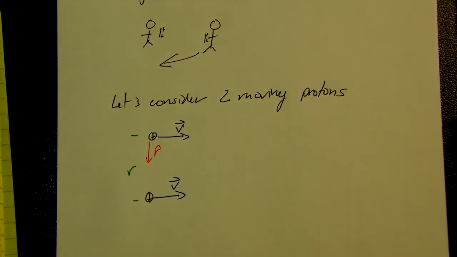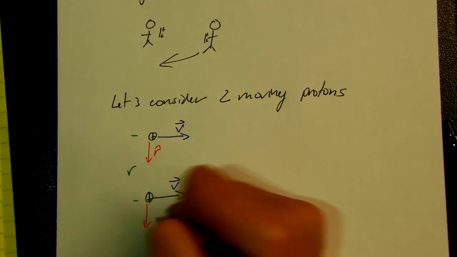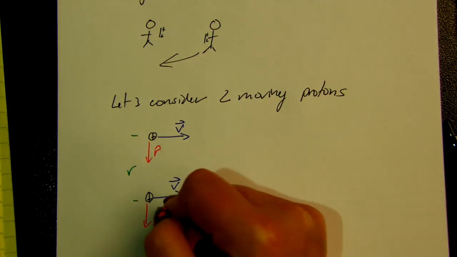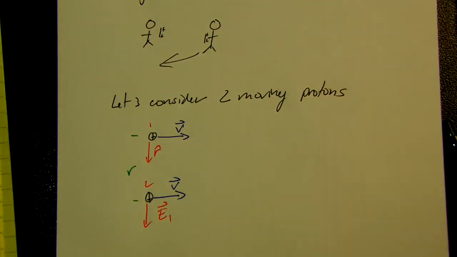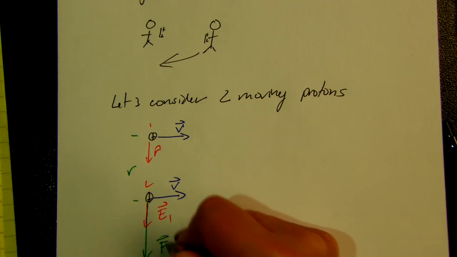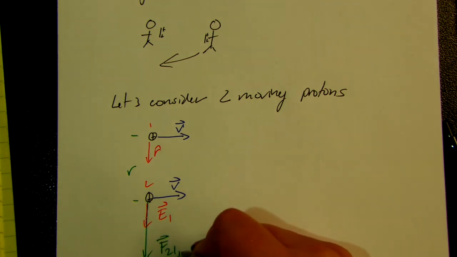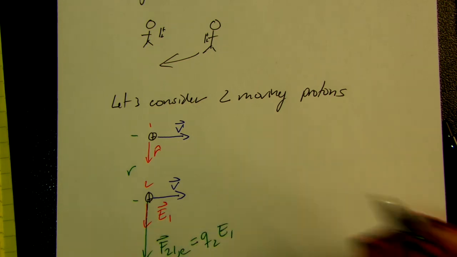And we're going to look at some forces. From the perspective of particle 2, we're going to have the field from 1, so this is 1, 2, and we're going to have the force. F21 from the proton is equal to q2 E1.